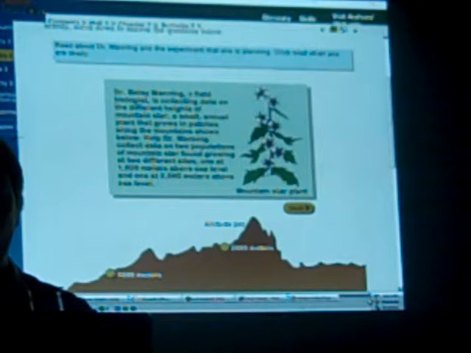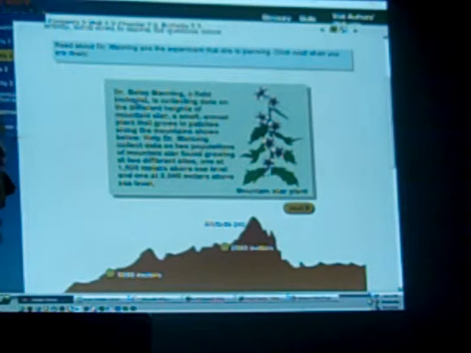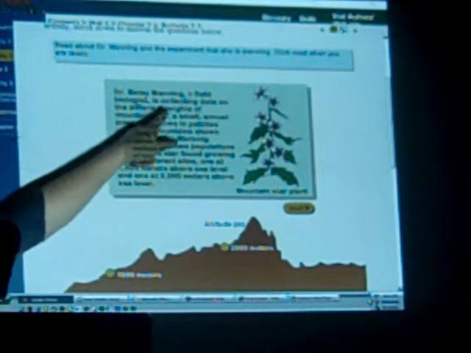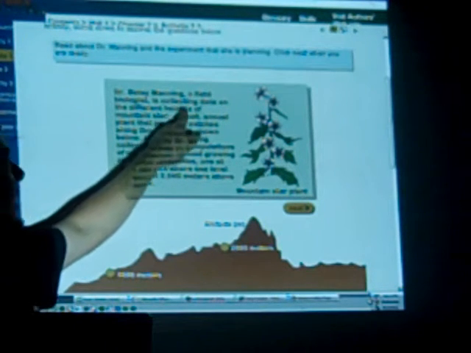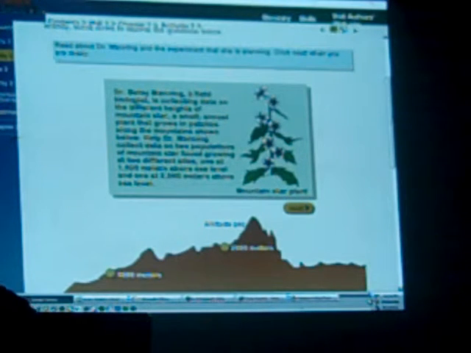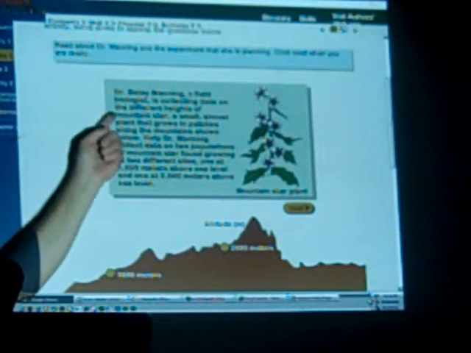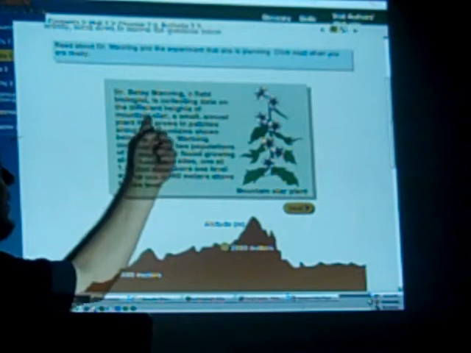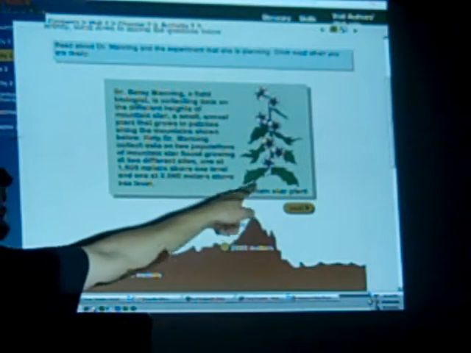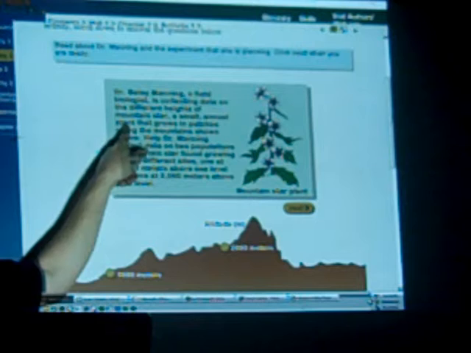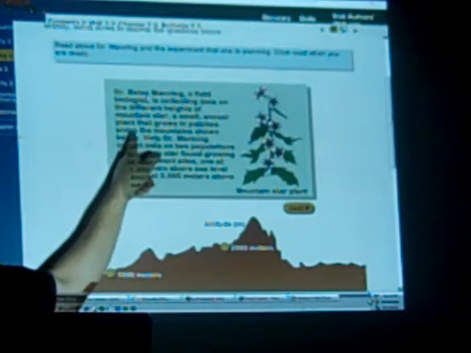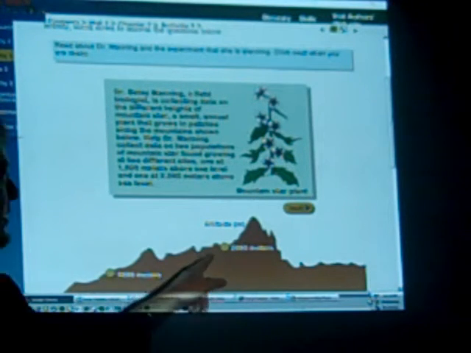And so we're going to use the example of Dr. Betsy Manning. She's a field biologist. She's collecting data. By the way, field means somebody who is out in the world, not in a laboratory. She's collecting data on the different heights of mountain star, a small annual plant that grows in patches along the mountains shown below.